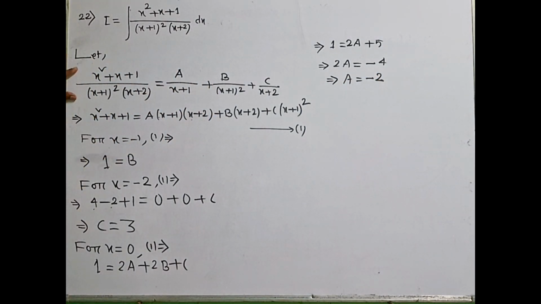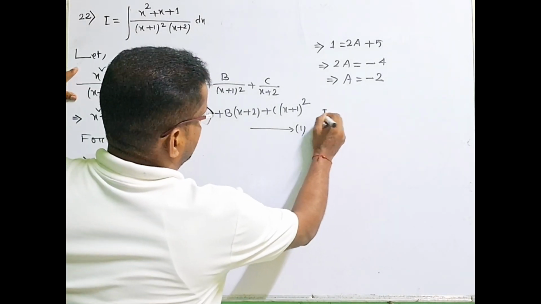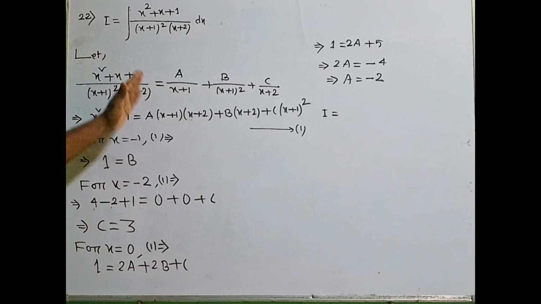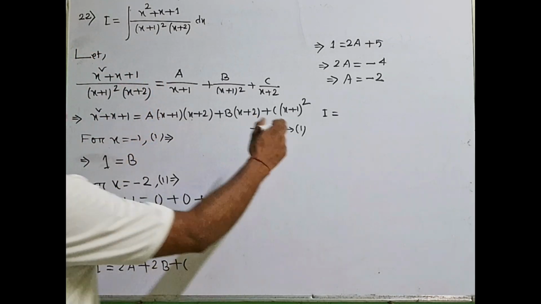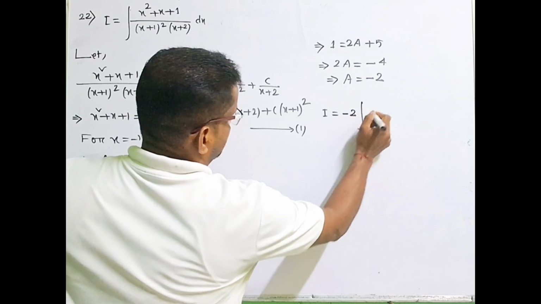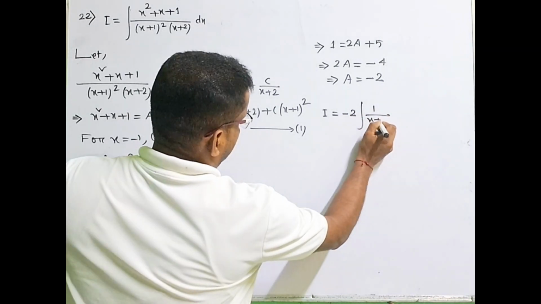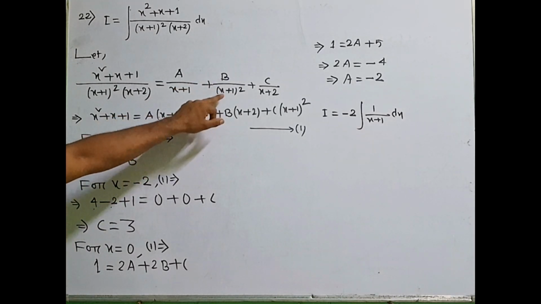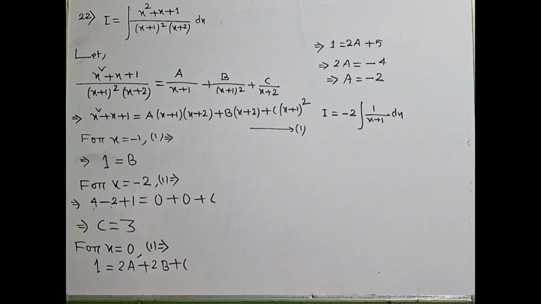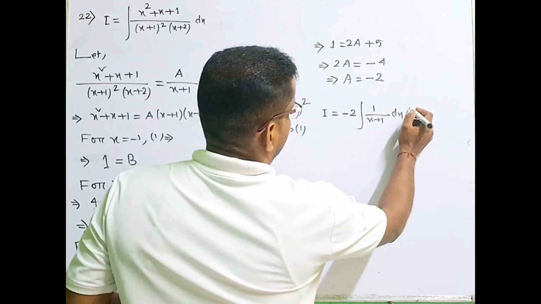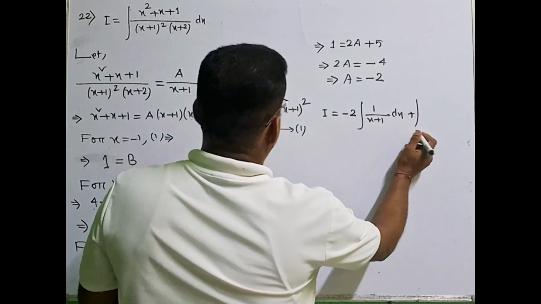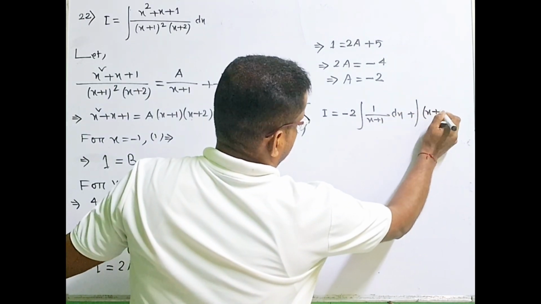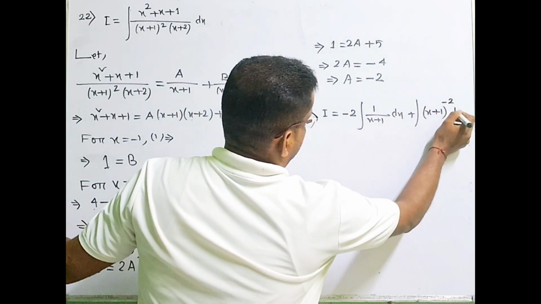So finally, I becomes what? Therefore, let us put the values. I is the integration of this: A is -2, so -2 times integration of 1 by x + 1 dx, plus B over (x + 1)². B is 1, so plus integration of 1 by (x + 1)², you can write (x + 1) to the power -2 dx.